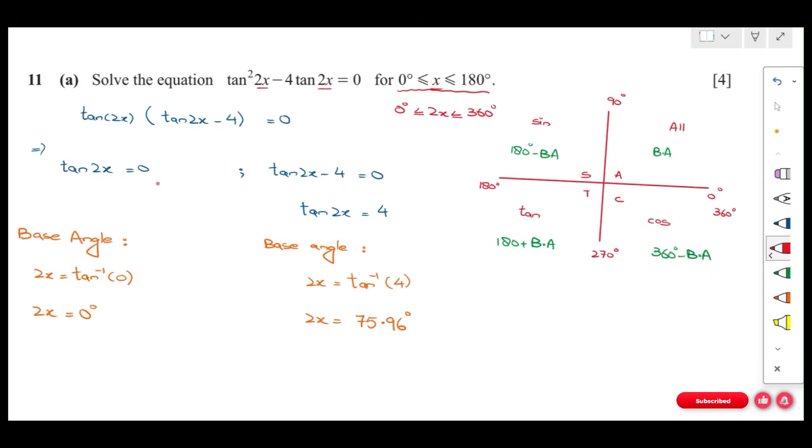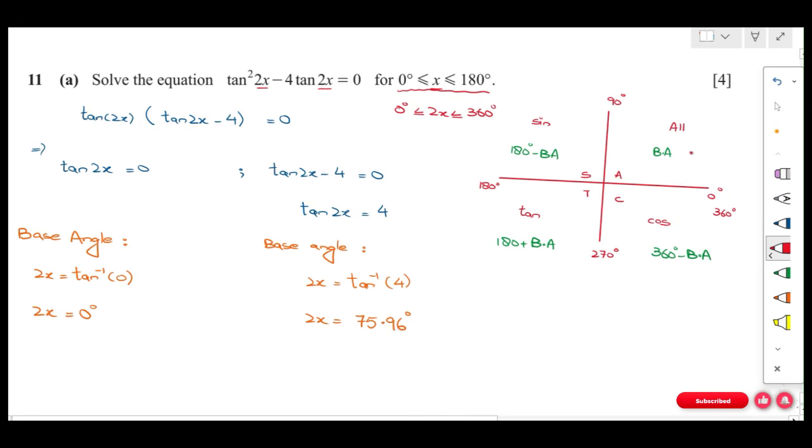Tangent equals 0 at 0 degrees, at 180 degrees, at 360 degrees. Okay, so these are the base angles, and for 2x the whole domain is 0 to 360 degrees.